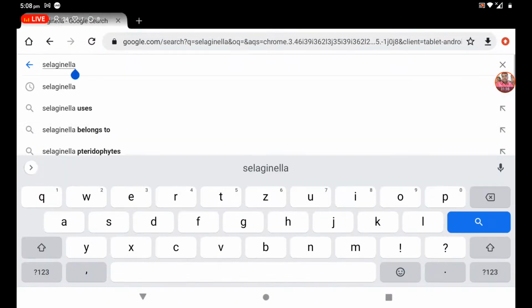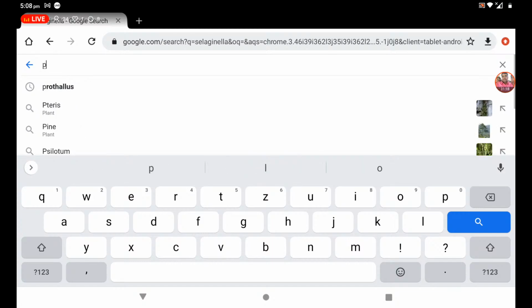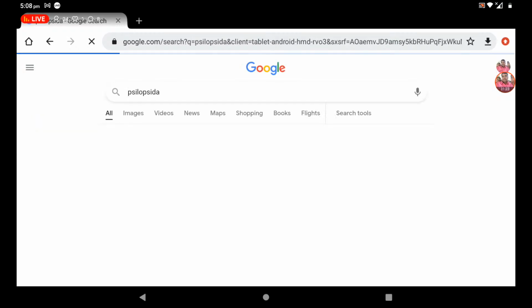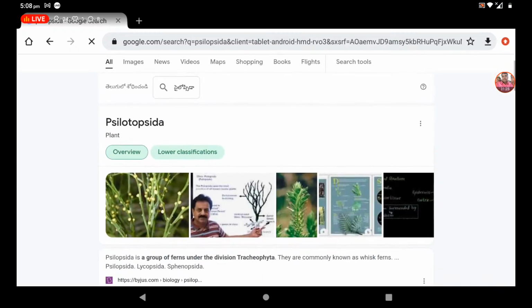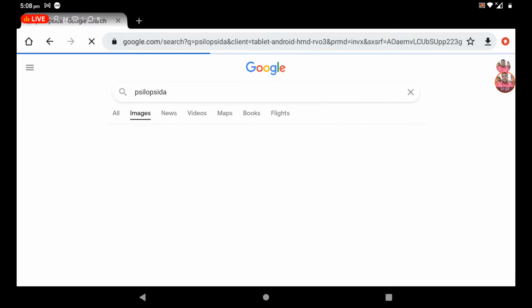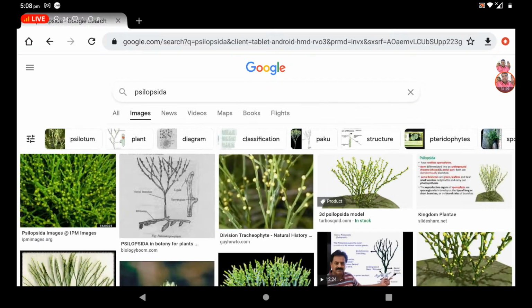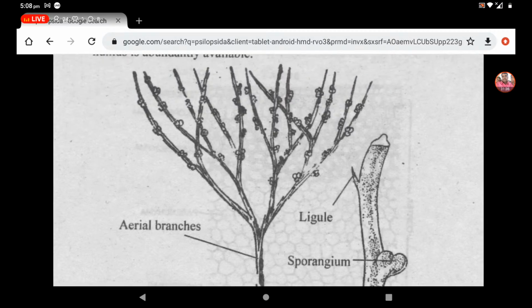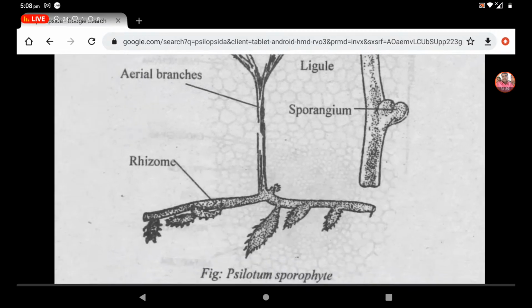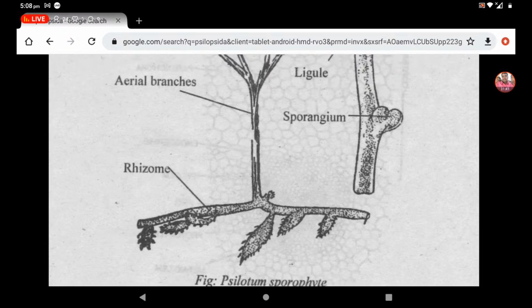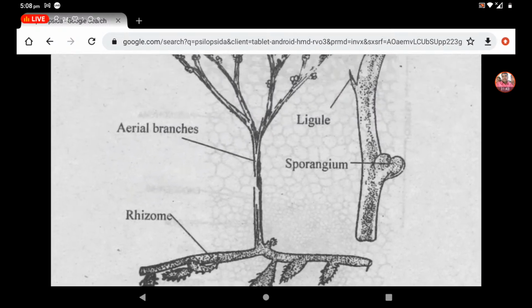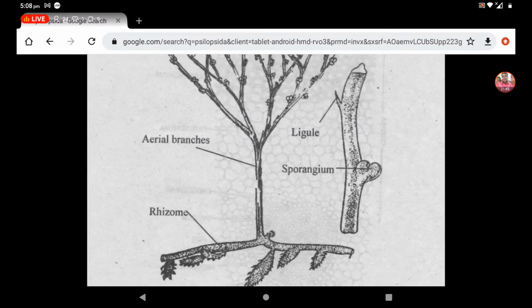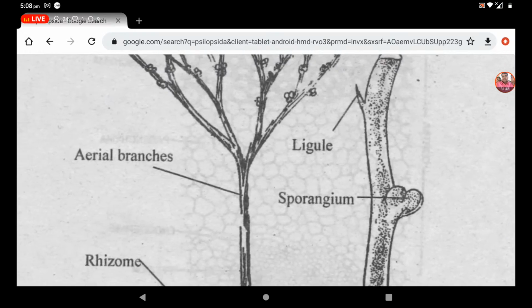For that, I will take an example here: Psilotum. At the beginning, Psilotum sporophyte exhibits the diploid condition, and sporangia are present.